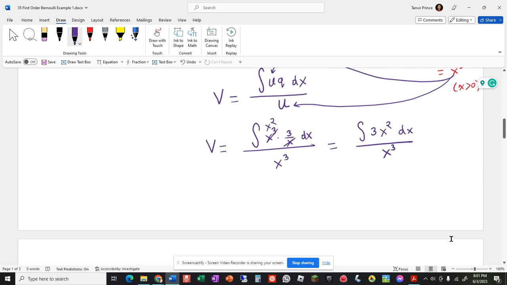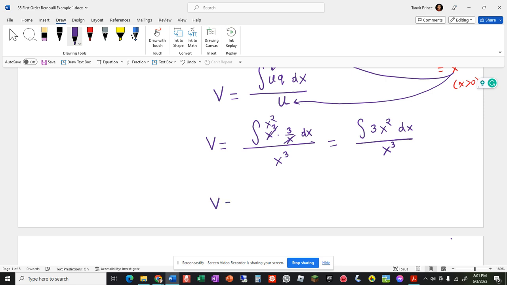Let's do the integral. My v is equal to x cubed, because the derivative of x cubed is 3x squared, right? Plus c. Very important to add c now. I can distribute, so I end up with 1 plus c over x cubed.